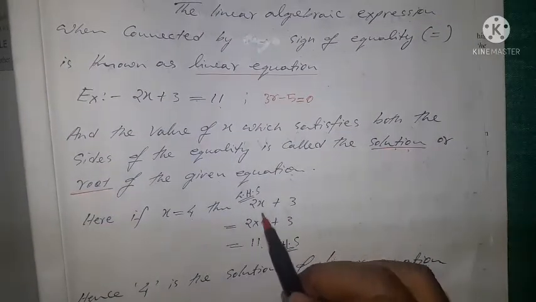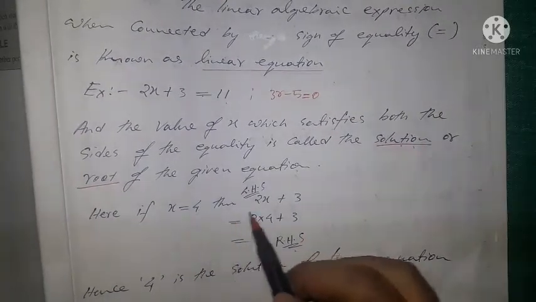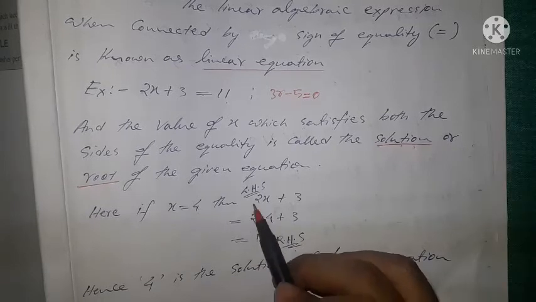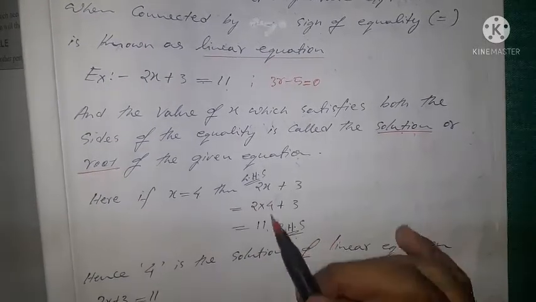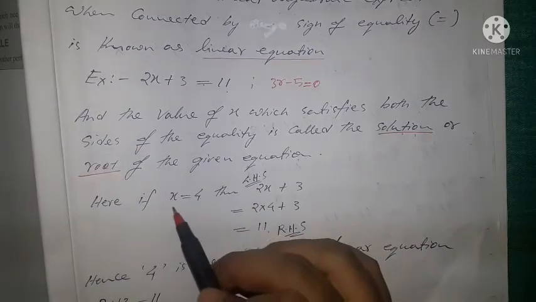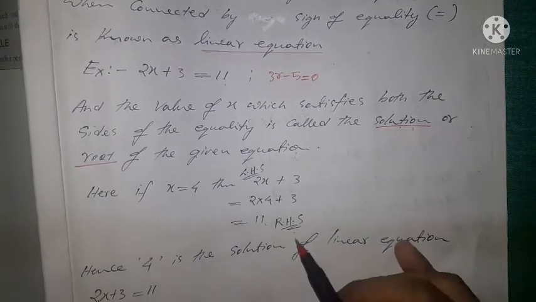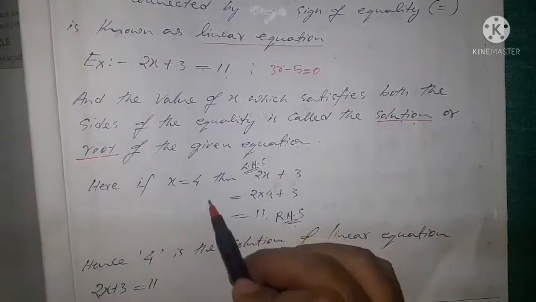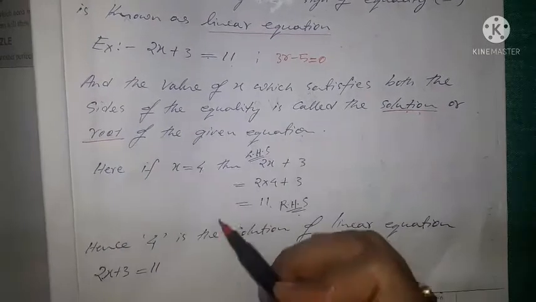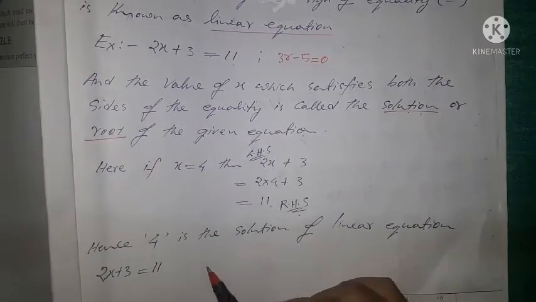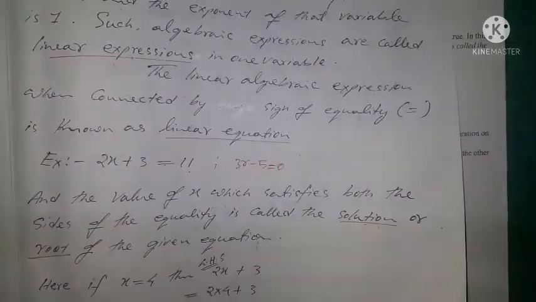Therefore 4 is the solution of this linear equation, because by putting 4 in the unknown variable we satisfied the equation. By putting the value of x as 4 in the left hand side, we obtain the right hand side. So x equals 4 is the solution of the linear equation twice x plus 3 equals 11. This is known as the solution, and it is also known as the root.